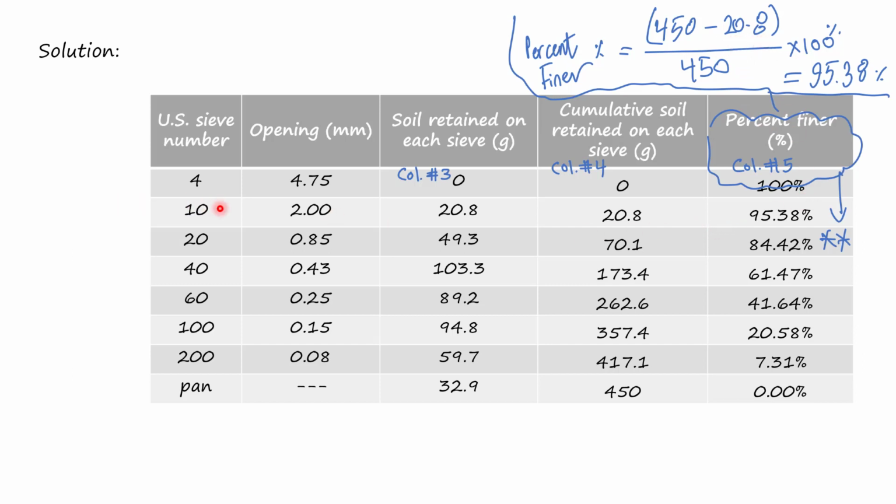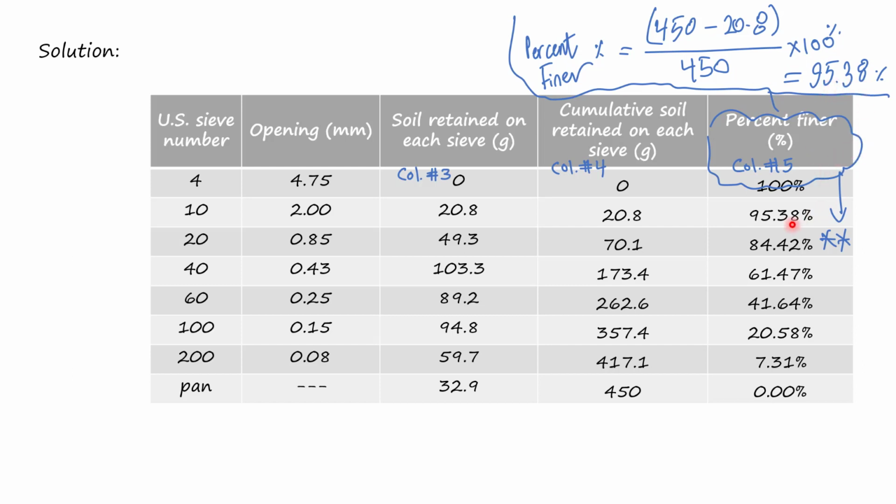Basically, it is equivalent to what sieve number you're trying to find the percent finer for. For example, for the first one, you put here 0. 450 minus 0 over 450, you're going to get 100. If this one was not 0, you're going to put whatever you have here, and you will determine that, multiply it by 100, definitely, because it's percentage, and that's what you're going to get.